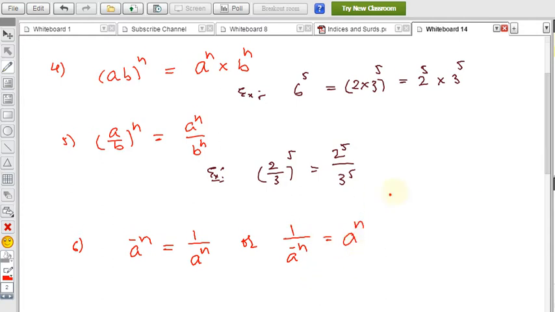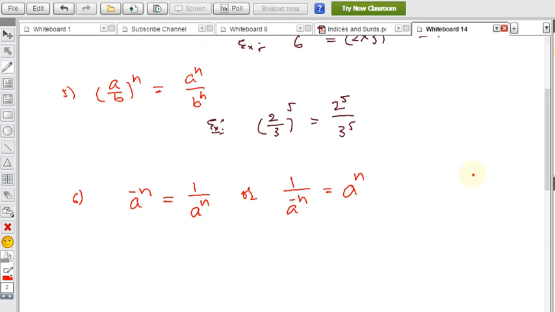Just interchange the reciprocal, and we can change the sign. So let us see the example. 2^(-3): you can write this as 1/2^3. That is 1/(2×2×2), that is 1/8. So the value of 2^(-3) is equal to 1/8.